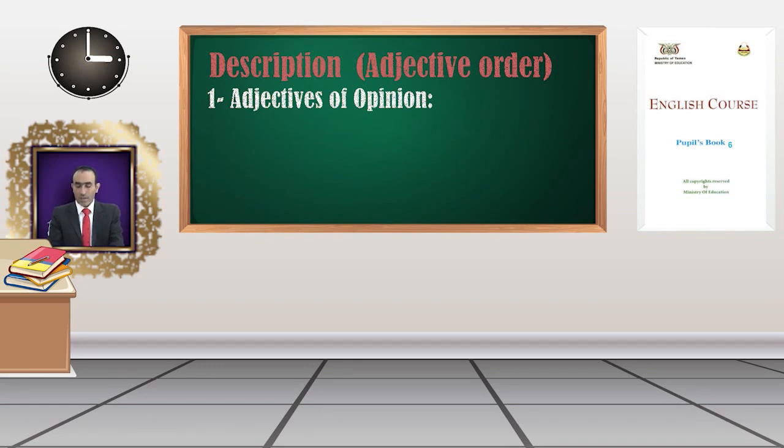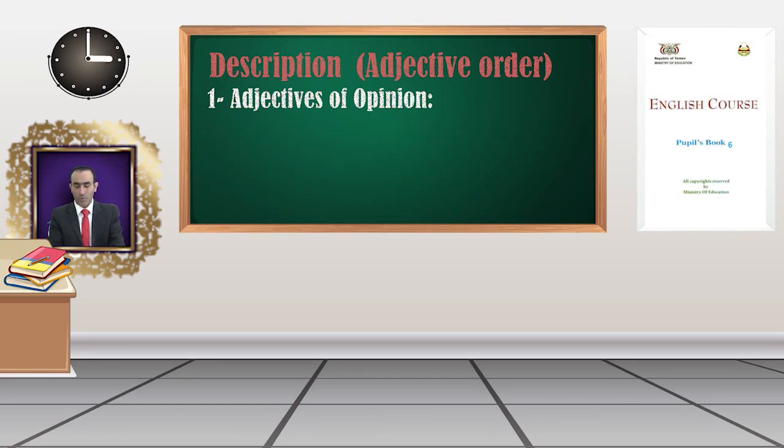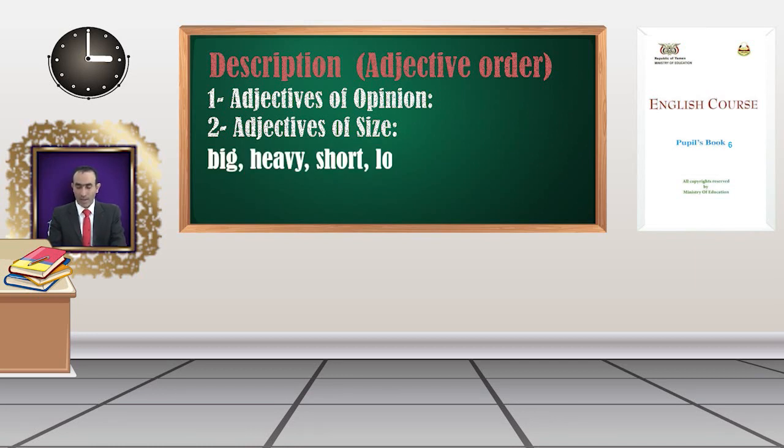Adjectives of opinion tell you how good or bad something or someone is, like good, bad, beautiful, amazing, horrible, etc. Number 2, adjectives of size tell you how big or small someone or something is, like big, heavy, short, long, etc. Number 3, adjectives of age.